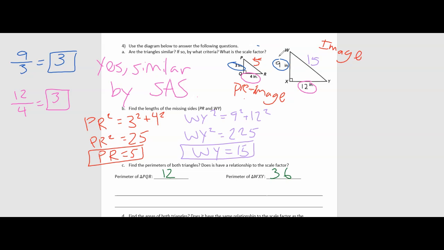If we multiply the pre-image's perimeter by the scale factor, we're going to get the perimeter of the image. So the scale factor holds true for the perimeters.